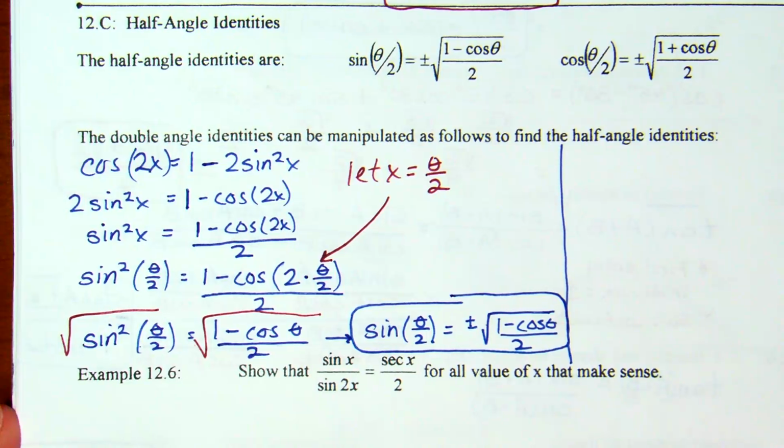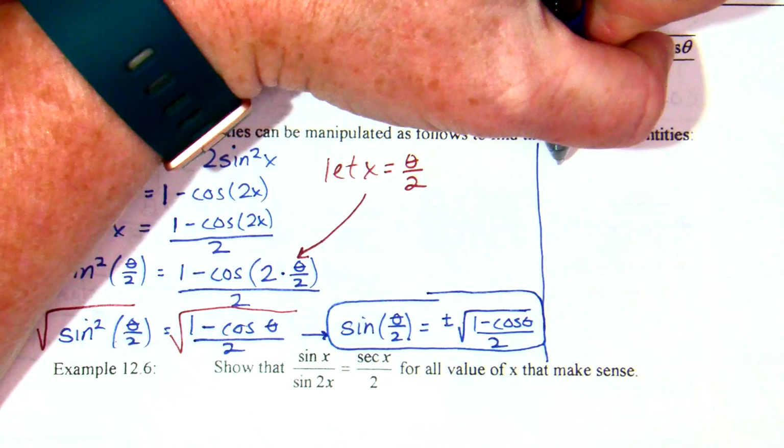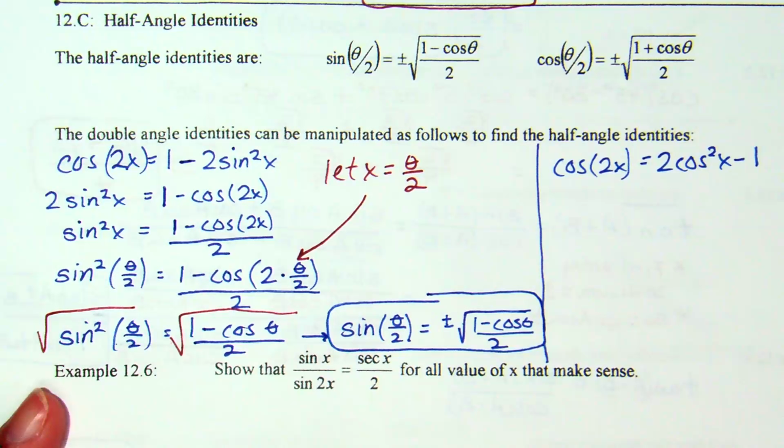Okay, now, to do the other one. That time we used cosine 2x and sine squared x. This time we still want to use cosine 2x, but we're going to use the cosine squared x. So I'm going to start off with cosine of 2x equals 2 cosine squared x minus 1. Same job.